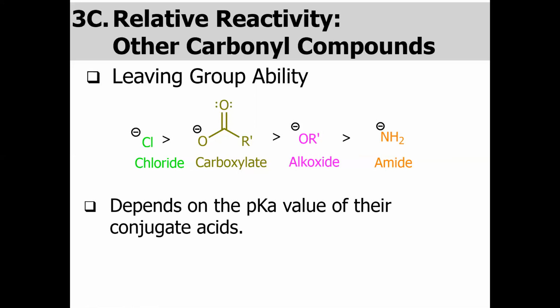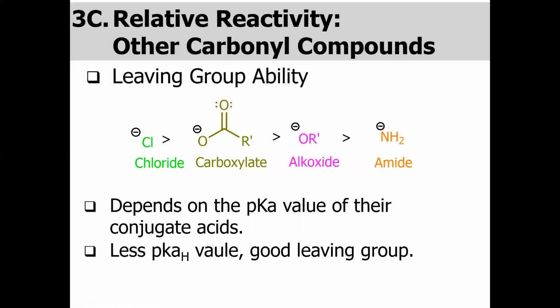Similarly, alkoxide is the conjugate base of alcohol, and amide is the conjugate base of ammonia. Ammonia is not really an acid, it is rather a base. Now, one more thing: if the conjugate acid of these species has a lower pKa value, then they are good leaving groups.